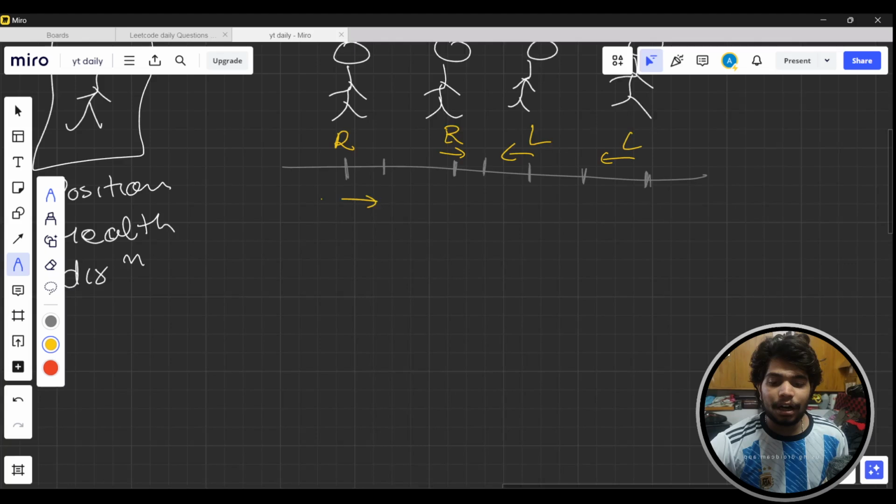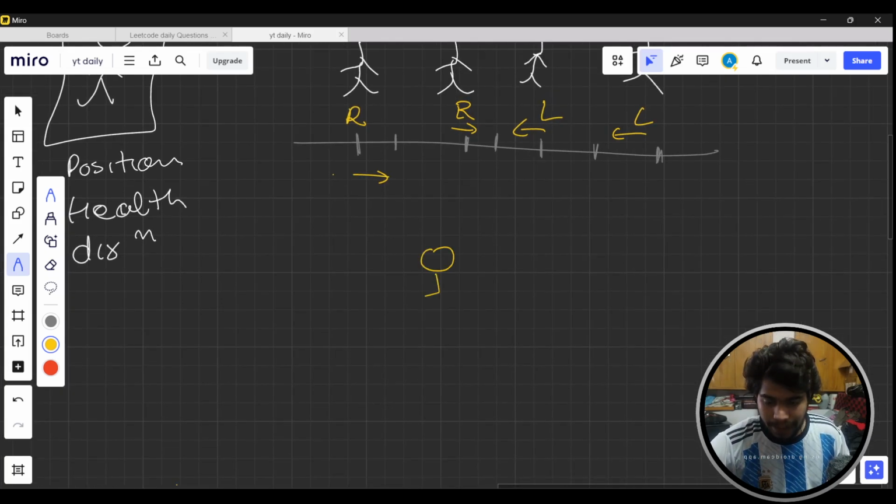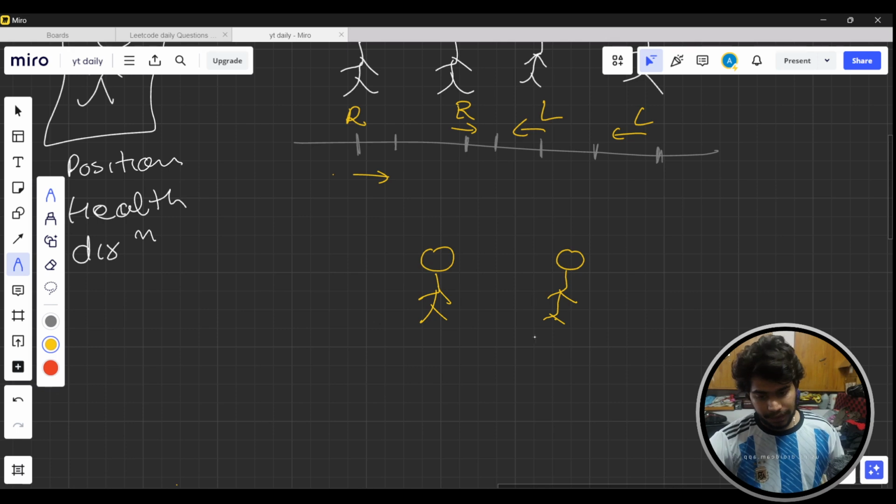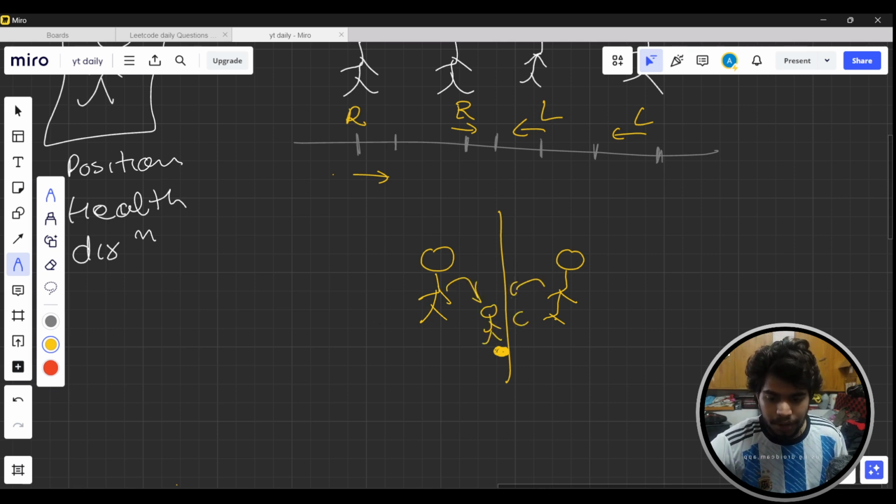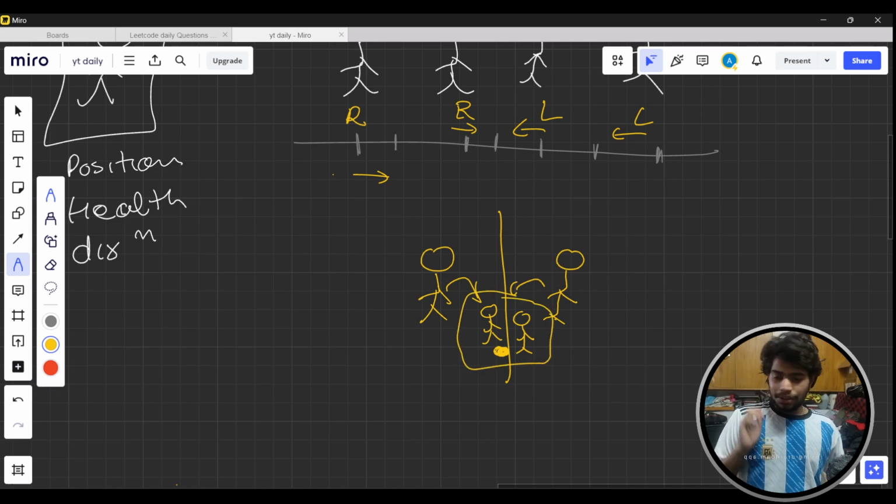Whenever robots move, if they both come simultaneously at the same point, then there will be a collision.